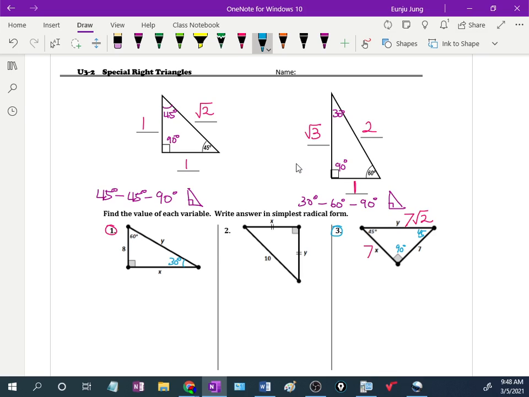So what is the shortest? Here, 8. What is the longest then? Twice. 8 times 2 makes 16. So what will be the third side here? This leg is root 3 times longer than 8. So this will be 8 root 3. Make sense?